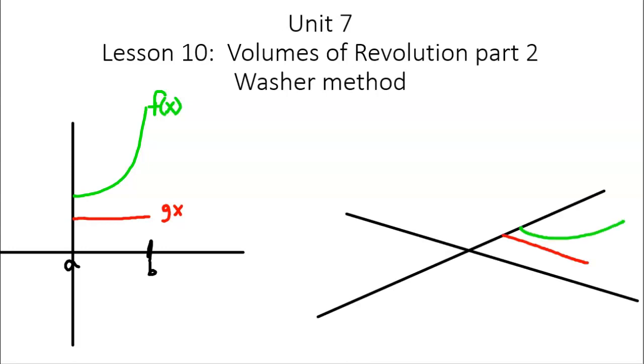Now let's just do what we did yesterday really quick here. I want to rotate, let's start off with the green function there, the f of x function. I want to rotate that around the x-axis. So if I do that, my radius would be the distance from the x-axis up to that green function. And so I'm going to go ahead and label that now as my radius is f of x.